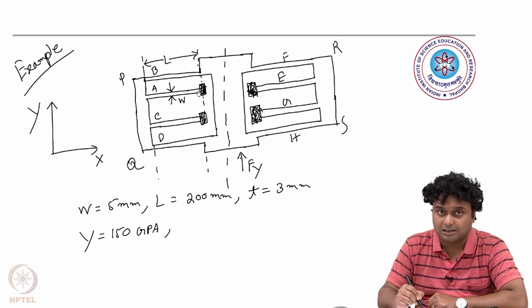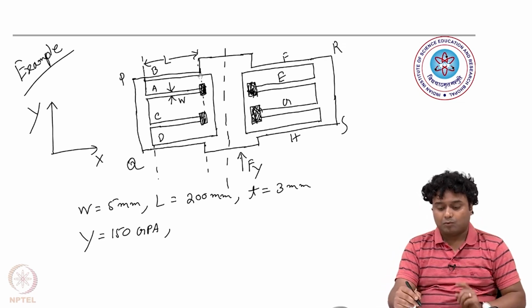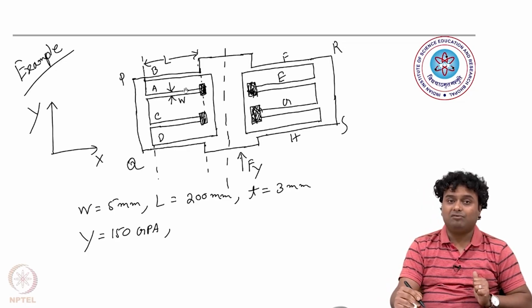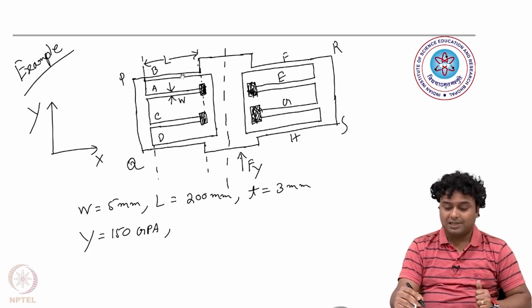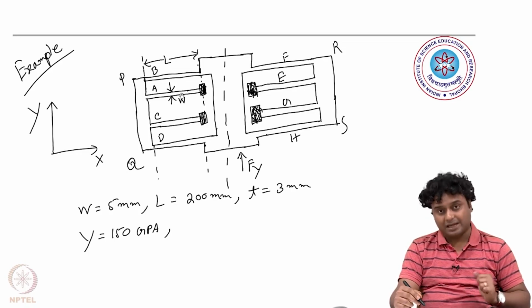So the A beam has moved in guided direction by 3 micrometer. The point here is that A and B are under the same force, but the deflection is not the same. That means A and B are in series connection, where the deflection may be different but the force is the same.